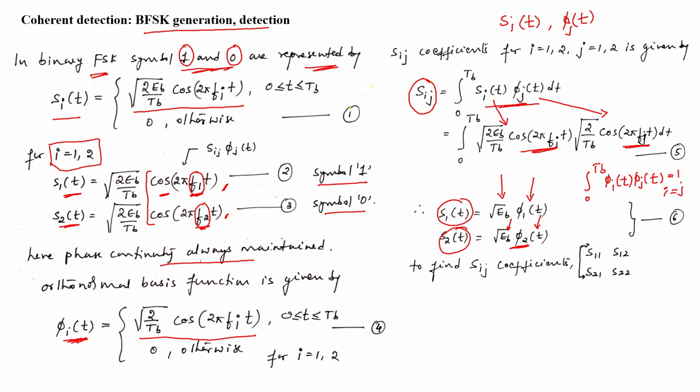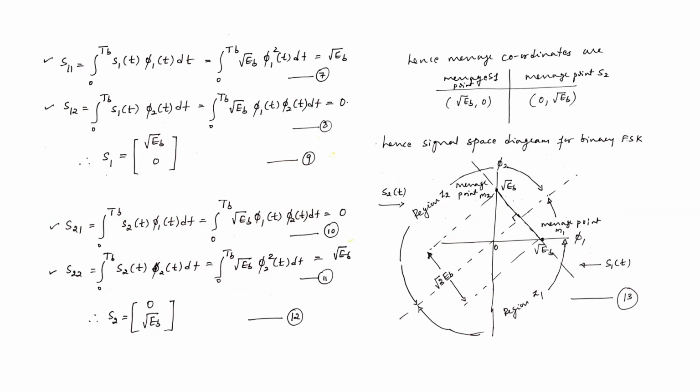So how to find the coefficient Sij? We are now trying to find the coefficients with respect to the signals we are going to transmit. What is S11? That is the first vector value of the first signal transmitted, given by S1 of t and phi 1 of t here.